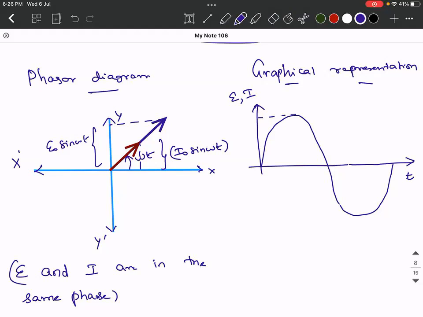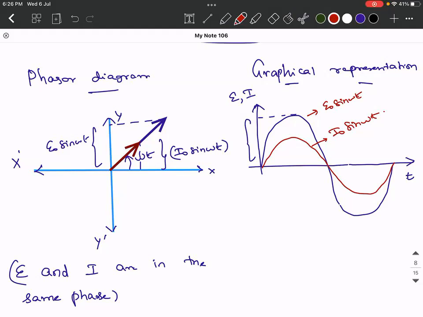If I call the first sinusoidal wave as E naught sine omega t, then I can draw another sinusoidal graph which is exactly in phase with the EMF. Then this red color thing will be called as I naught sine omega t. This is called as E naught sine omega t.